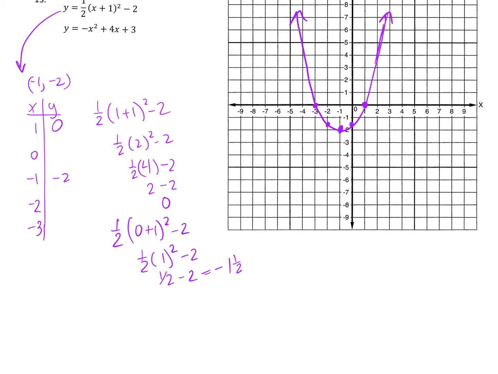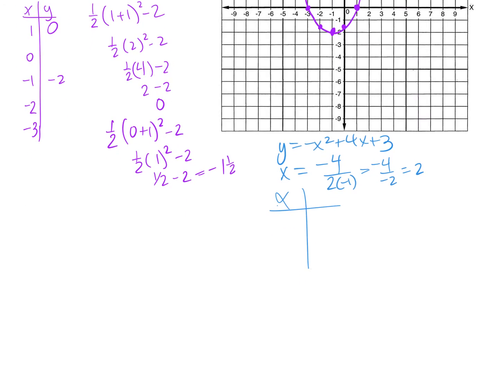Then we'll draw our other equation in blue: y equals -x squared plus 4x plus 3. So x equals -4 divided by 2 times -1, which is -4 divided by -2, 2. Plug that into my table: 2, 1, 0.